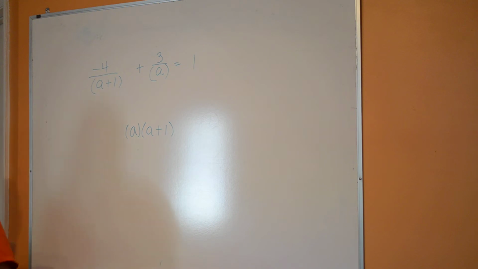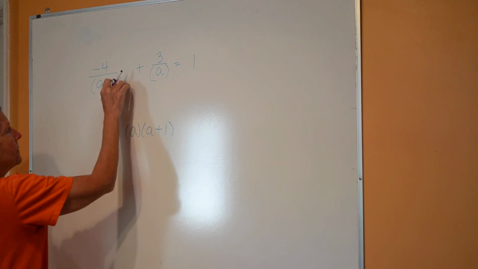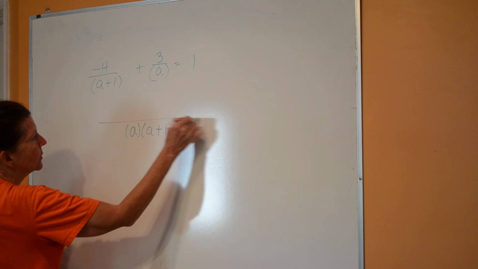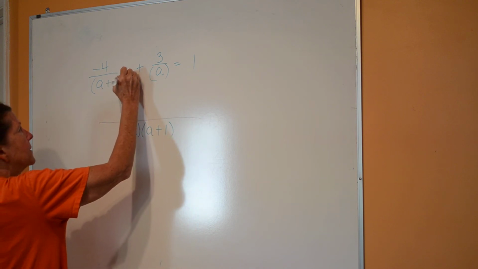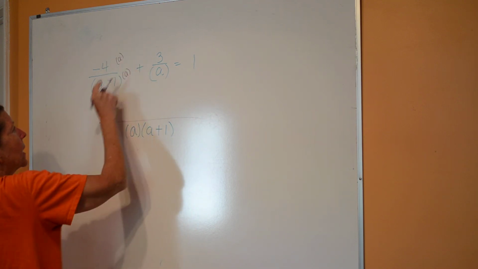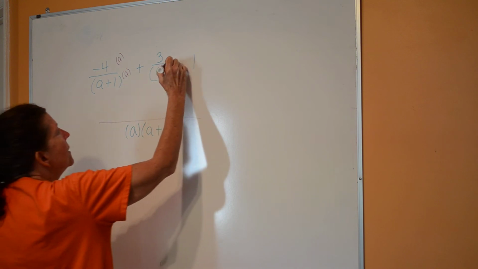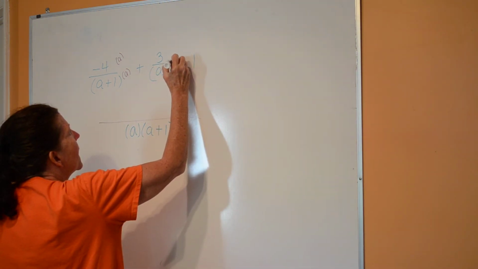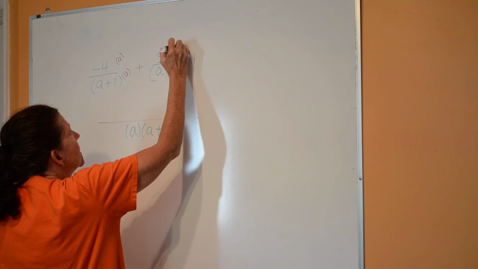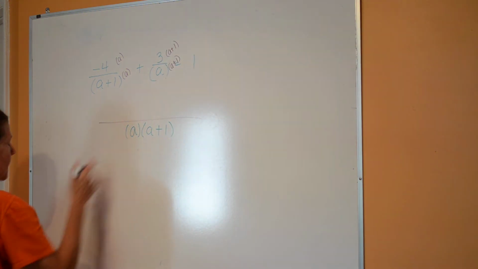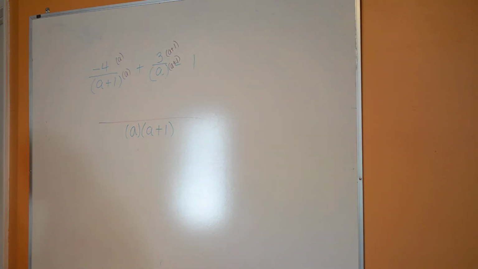So then I go back and I go, a plus 1 times what is equal to this whole denominator. So this I'm going to have to multiply by a on the top and the bottom, because that's what I'm missing. This one I'm going to have to multiply by a plus 1, top and bottom. So that gives me that as my common denominator.